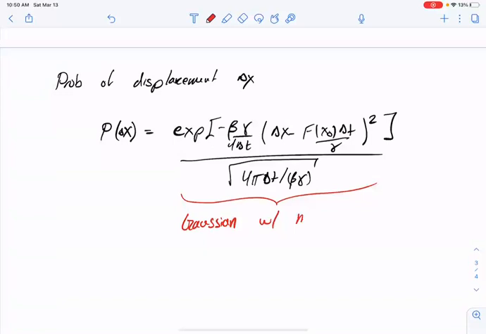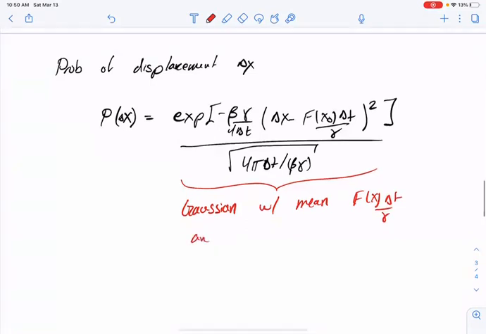It's got a mean that just depends on the force, and a variance that depends on the time scale over which I look for that displacement, beta and gamma.